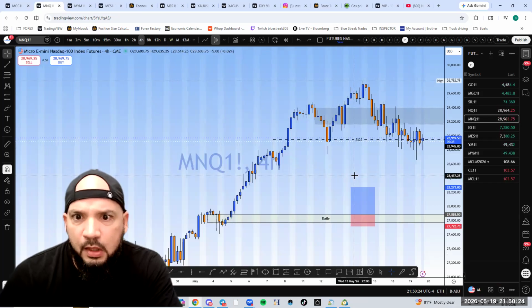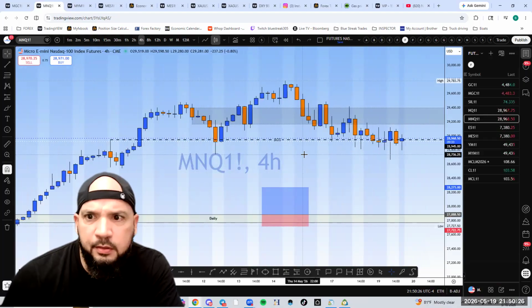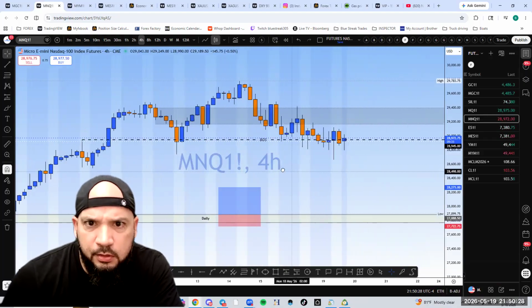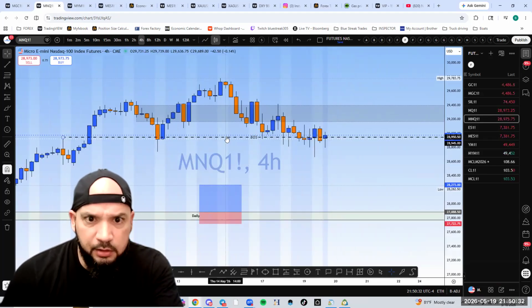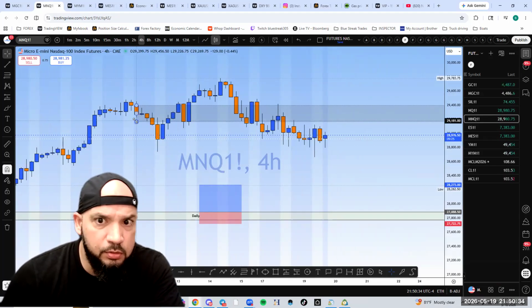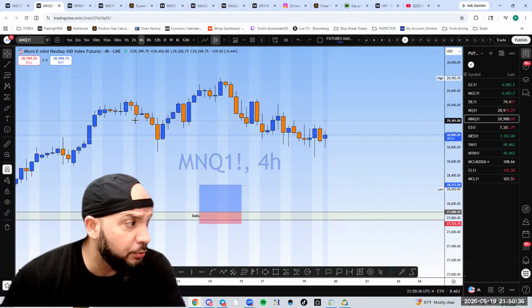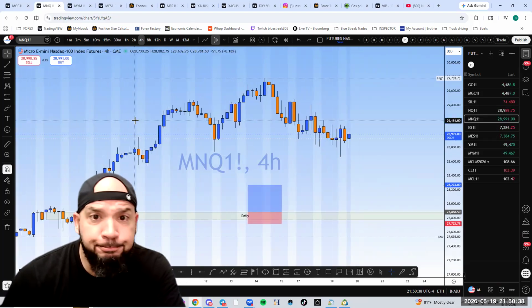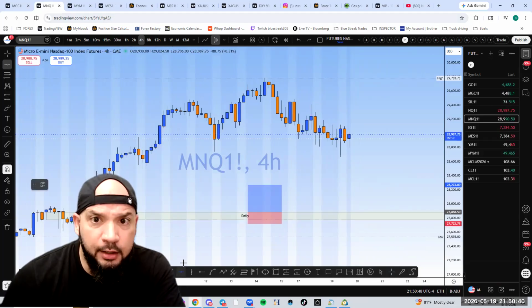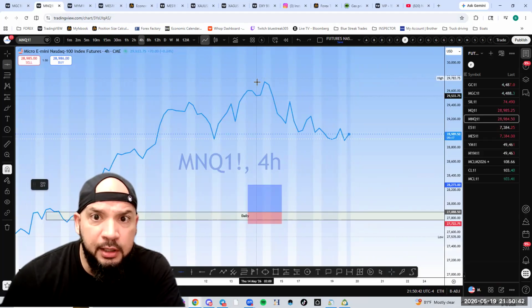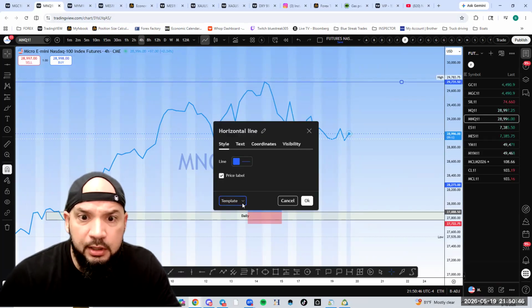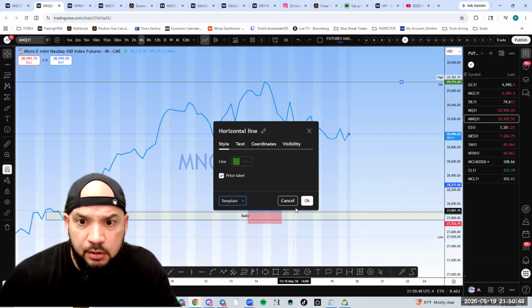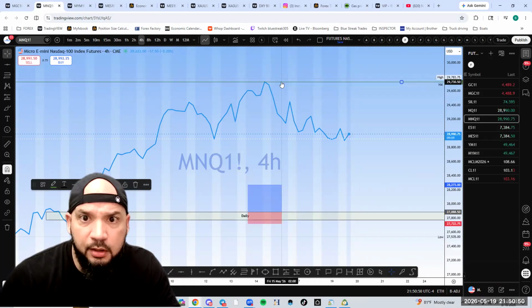All right. So we're basically at support right now. So let's do what we just went over, guys. Let's go to the line chart, ladies and gentlemen. Set our 4-hour key levels and see if we find anything.